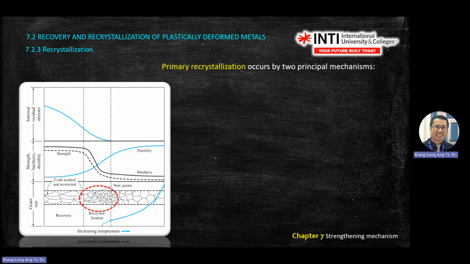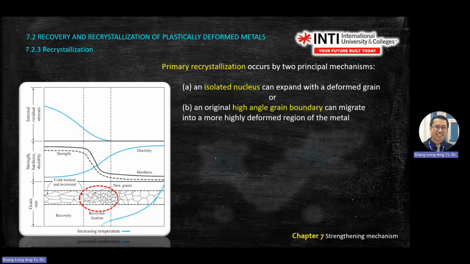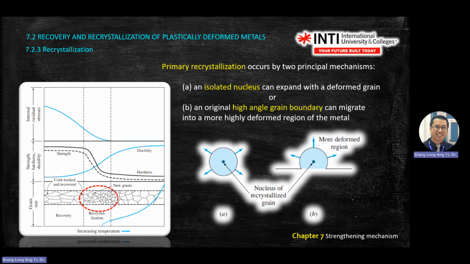Okay, so there are mechanisms there. So mechanism, you have primary recrystallization based on two principles. One is isolated nucleus can expand with deformed grain. So this isolated nucleus means, for example, this isolated grain here. So it will expand with the deformed grain. It will become bigger and join with this line here.